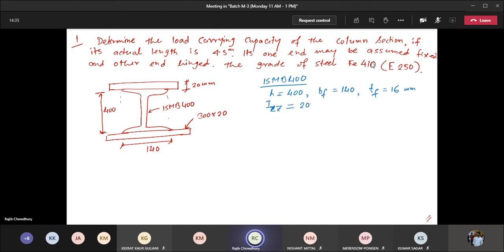So we are basically considering IZZ equal to 20458 multiplied by 10 to the power 4 mm to the power 4, and IYY is equal to 622.1 multiplied by 10 to the power 4 mm to the power 4, and the area of that ISMB is 7856 mm square. Okay, now rest of the things are being already there, so I forgot over here that.